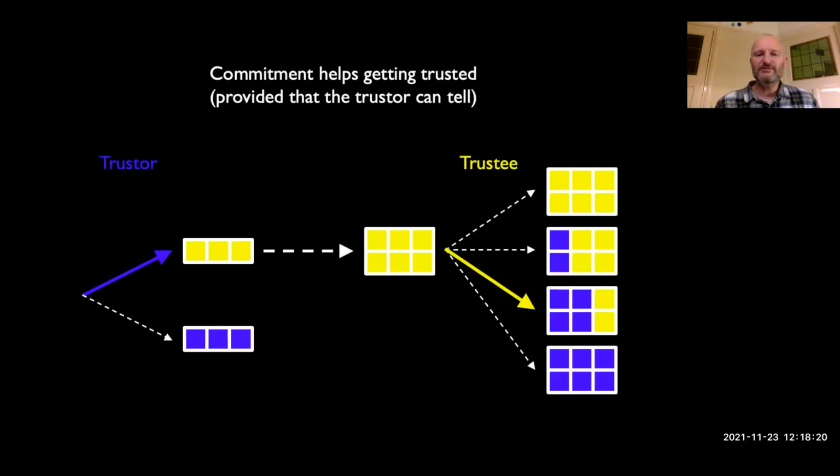What is different between the trust game and the ultimatum game is that in both of these games, well, let's first say what is the same. So in both of these games, if you have a partner that you play this game with, then being committed can change the behavior of your existing partner.